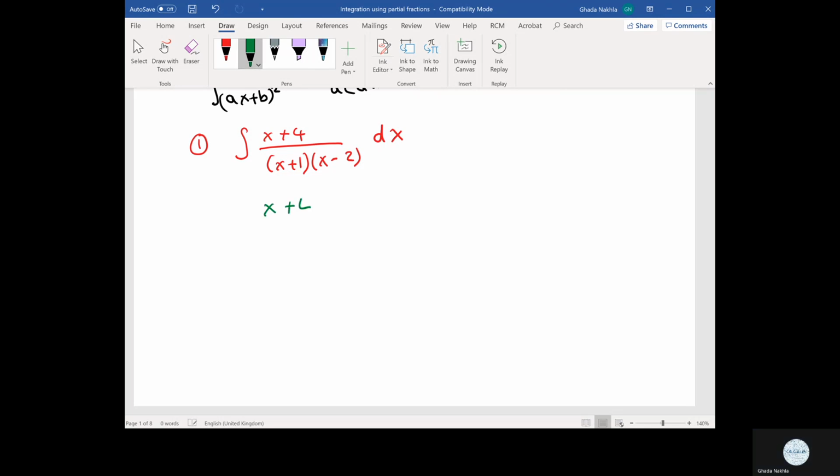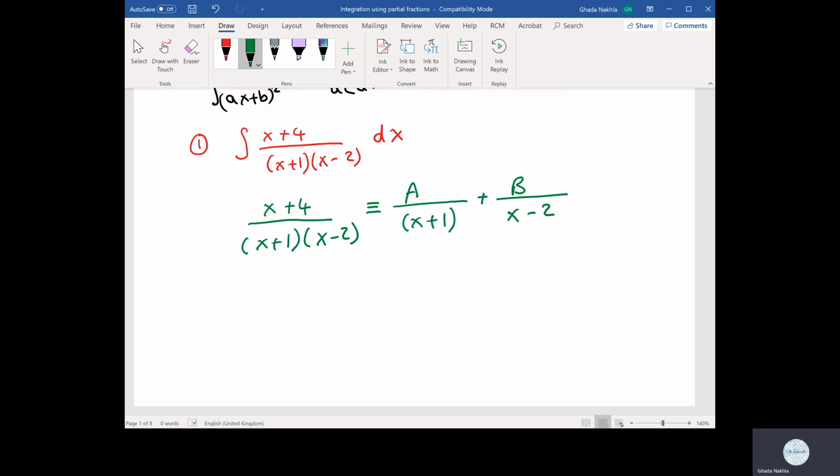So (x plus 4) over (x plus 1)(x minus 2) is equivalent to a over x plus 1 plus b over x minus 2. I'm being told to use this.